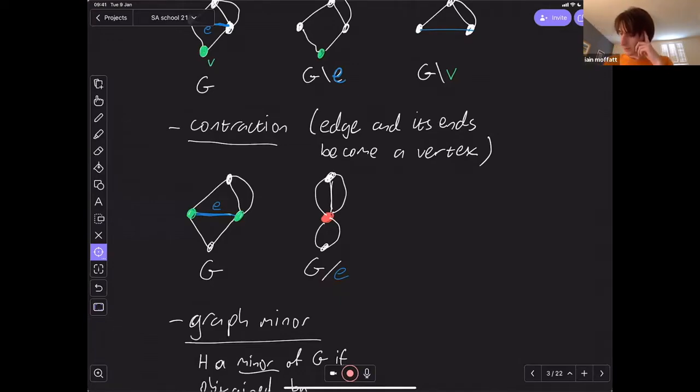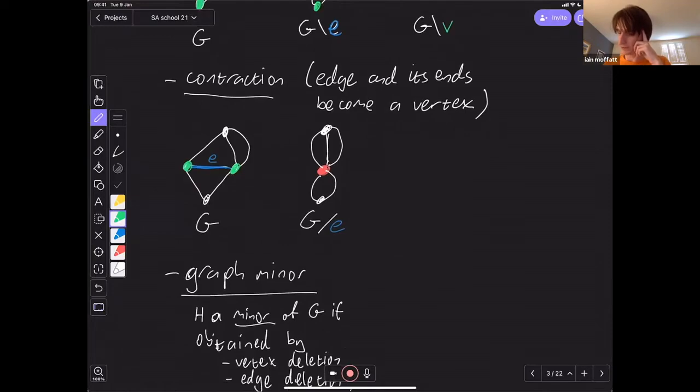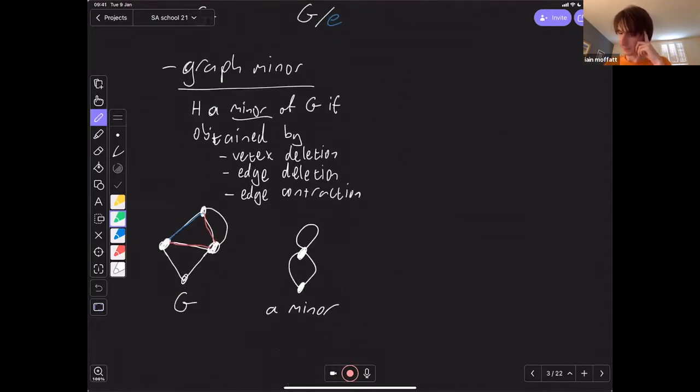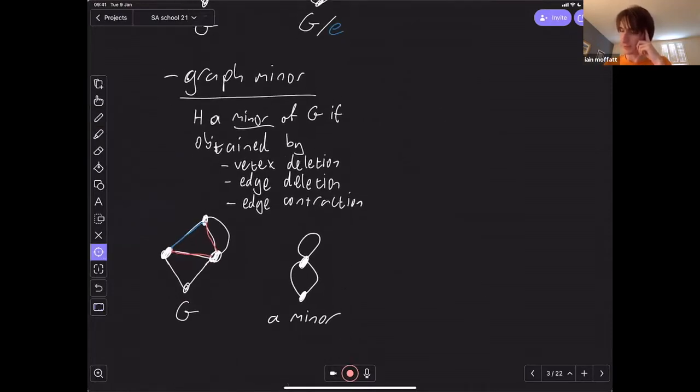Okay, so these operations of deletion and contraction form the mainstay of structural graph theory, if you like. And in that direction, a graph minor is basically, you start off with some graph G, you delete and contract some edges and vertices, and you end up with some other graph, and that's going to be a minor of your graph.